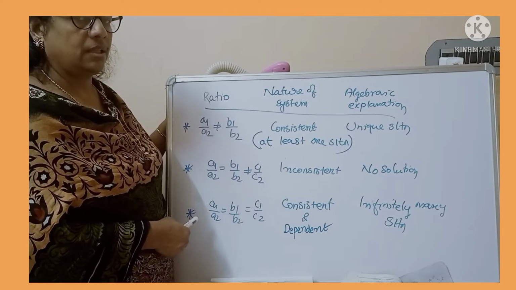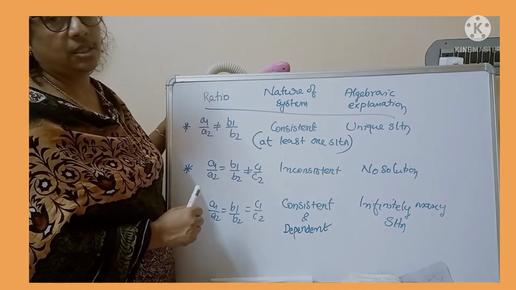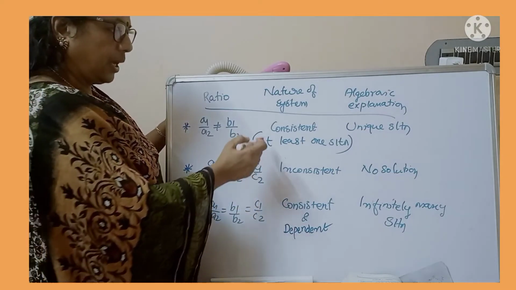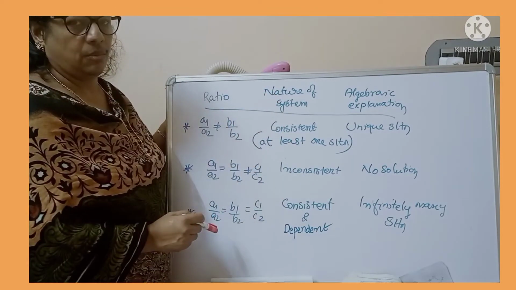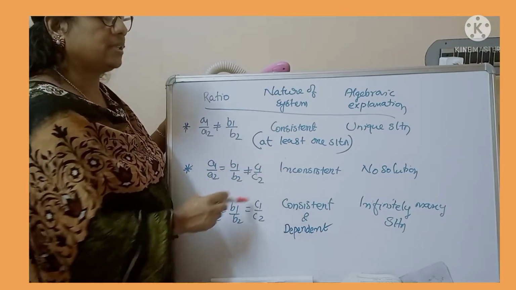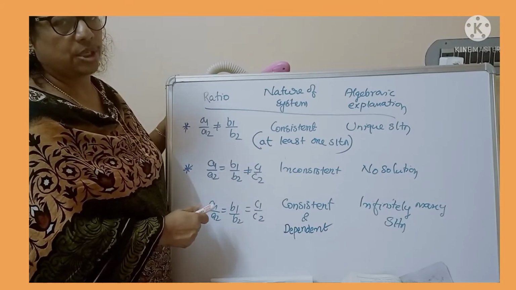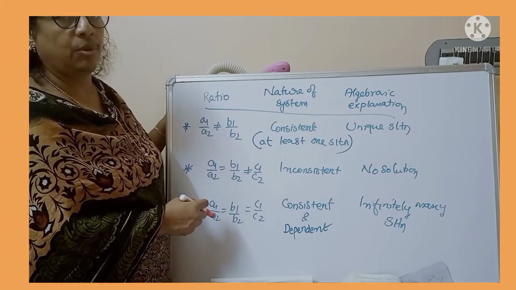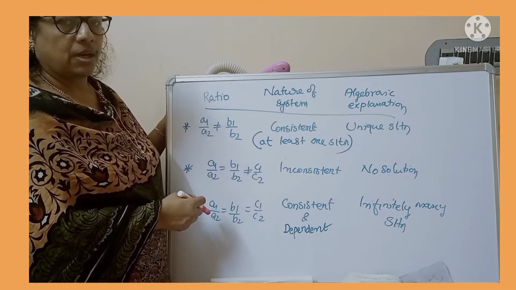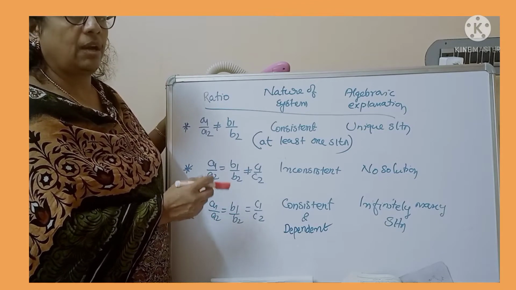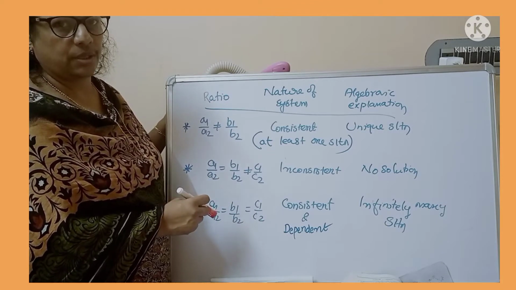That means they will intersect only at one point. And the nature of system, it is consistent. That means at least one solution will be for these type of equations. Consistent equations must have at least one solution.